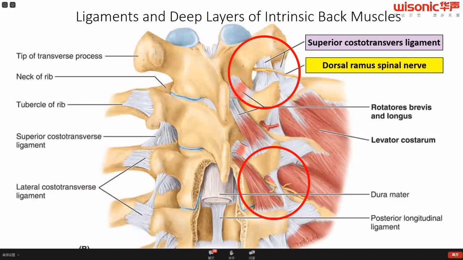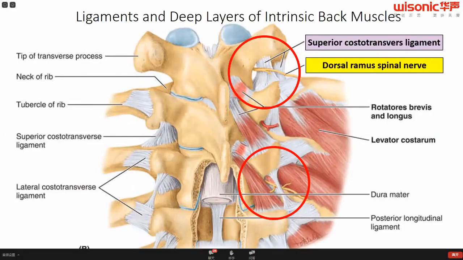Here, an anatomical picture when the erector spinae muscles are removed and you look from the back. You can see beyond the erector spinae muscle there are many deep layers of intrinsic back muscles, such as the rotatores brevis and longus, levator costarum, and you can see a lot of ligaments, mainly the superior costotransverse ligament, which is important and which runs from the transverse process to the rib.